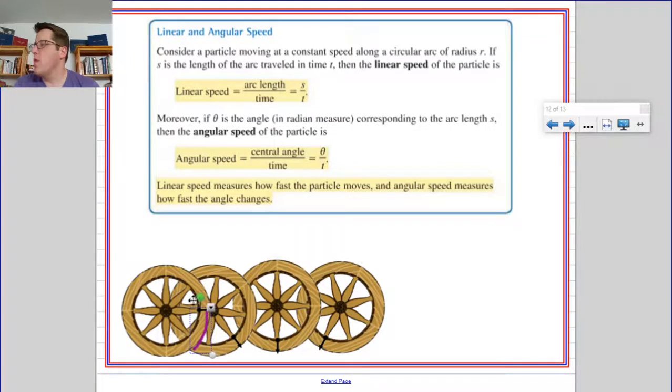As the wheel rolls, it's traveling however long upon its rim over a certain amount of time. That might be feet per second, miles per hour, meters per second, but it would be some measurement of how far the outside of that wheel is traveling over a set amount of time.